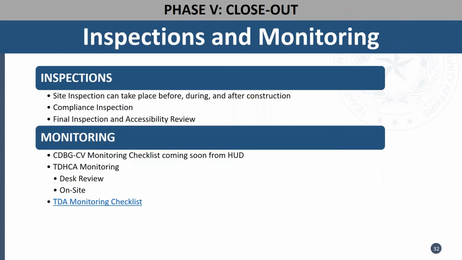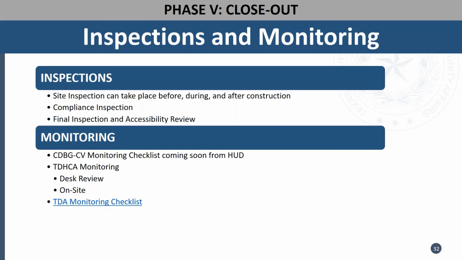This slide goes over inspections and monitoring. Inspections can include site inspections that can take place at any time of the project, before, during, and after construction. We also have compliance inspections and the final inspection, which will take into account the accessibility review and how it was implemented in the project itself.